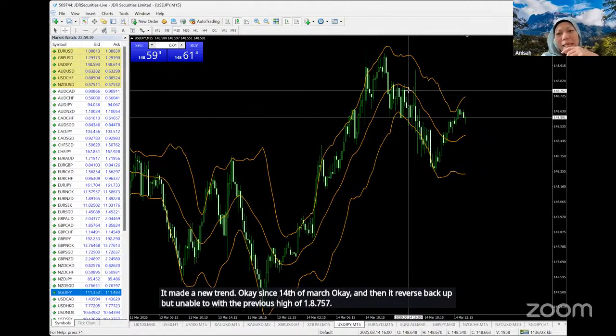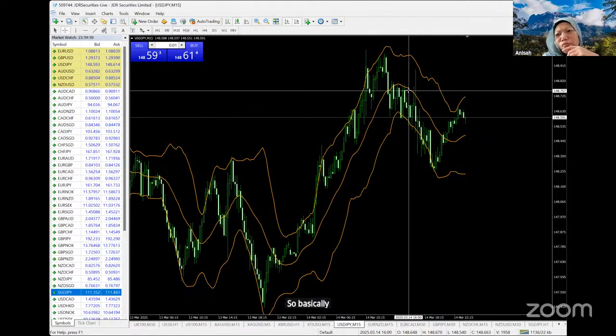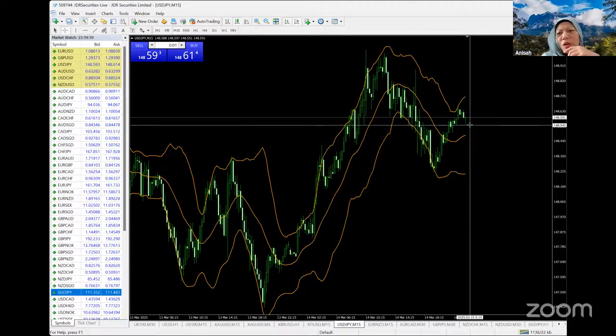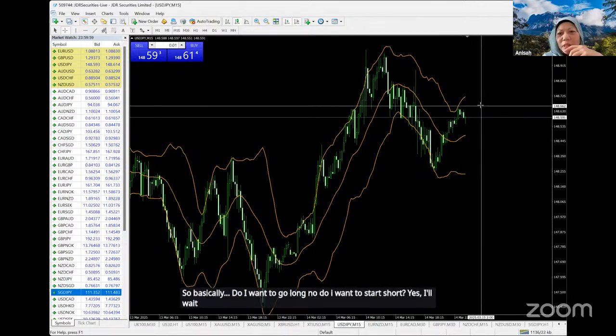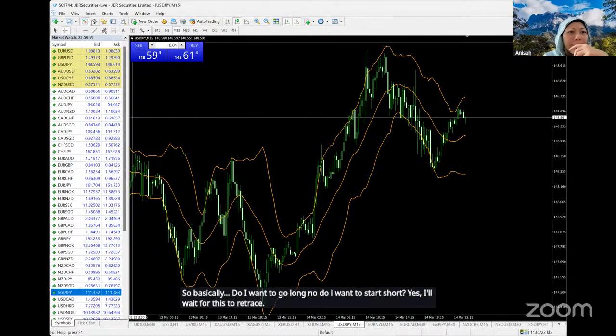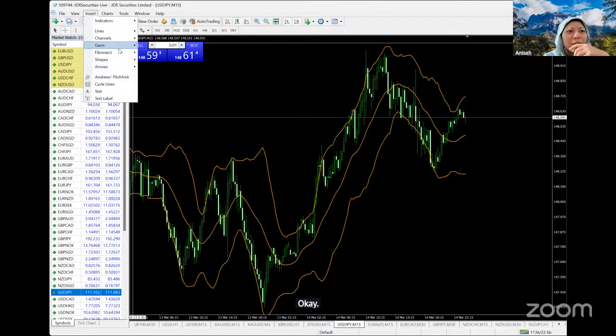So basically, do I want to go long? No. Do I want to start short? Yes, I'll wait for this to retrace. So let's place Fibonacci.